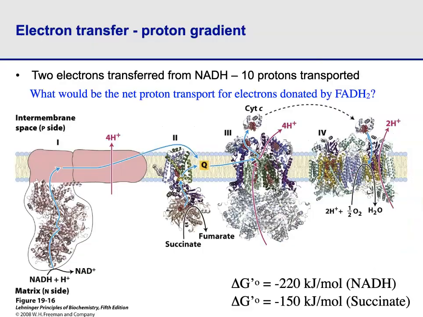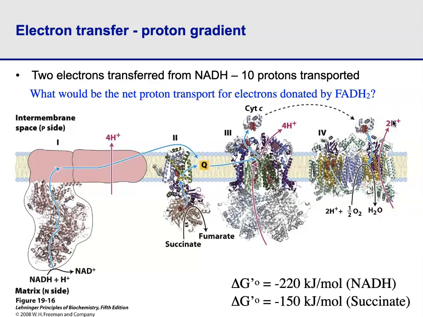All right. Now, 2 electrons are transferred from NADH to oxygen. Complex 1 transports 4 protons. These electrons will skip complex 2 because complex 1 loads them directly on Q. Then Q offloads its electrons to cytochrome C, and 4 protons are transported. Cytochrome C, as you know, is soluble, so it's free, and then it binds complex 4 and offloads its 2 electrons, and as a result, 2 protons are transferred by complex 4.